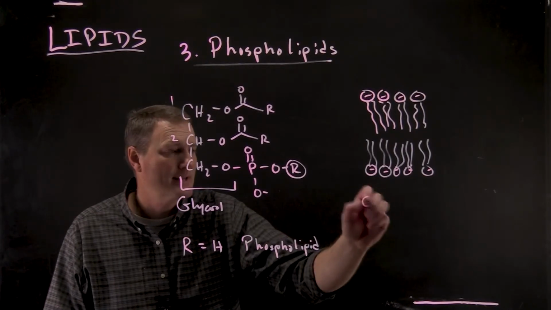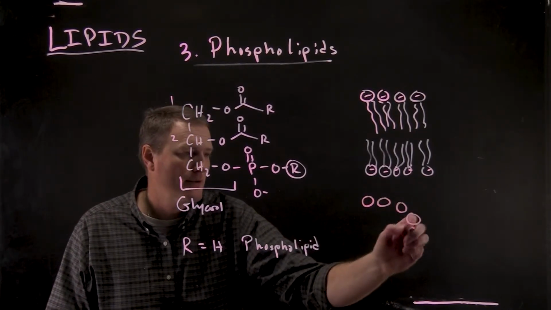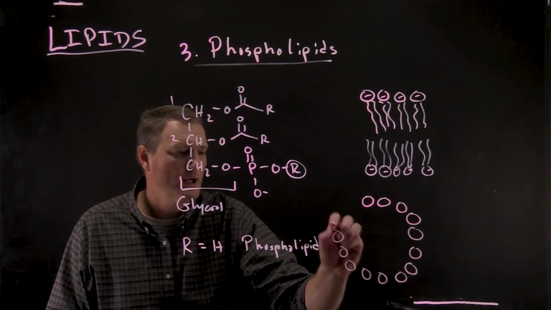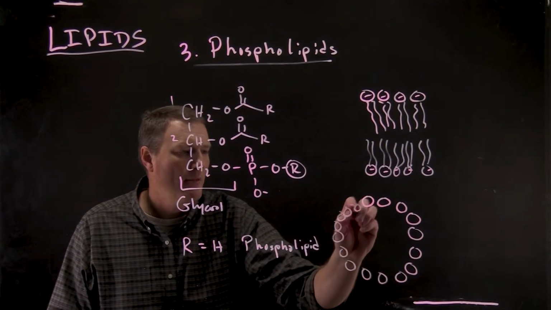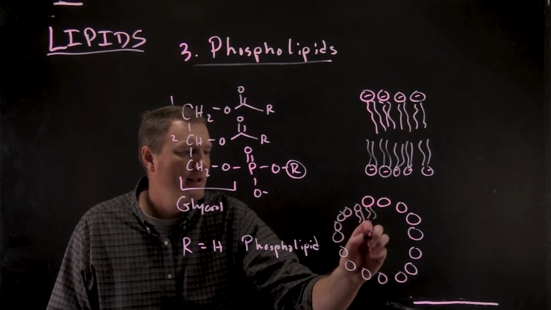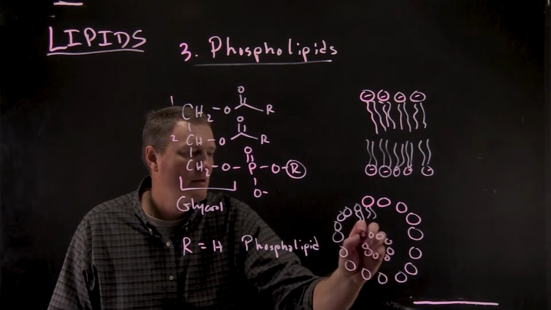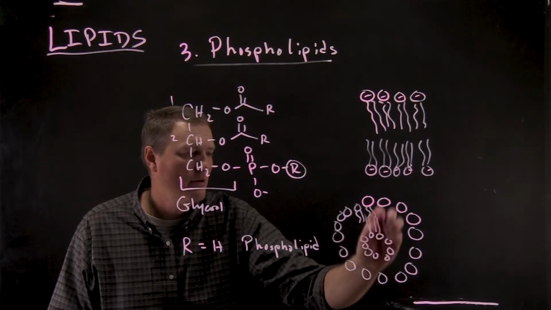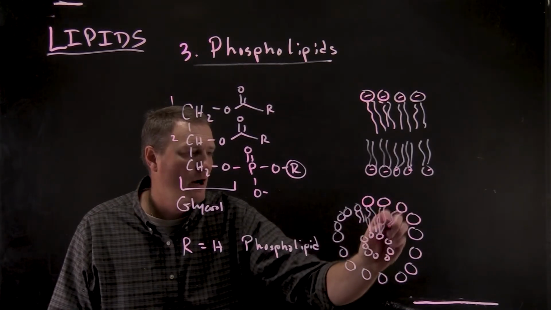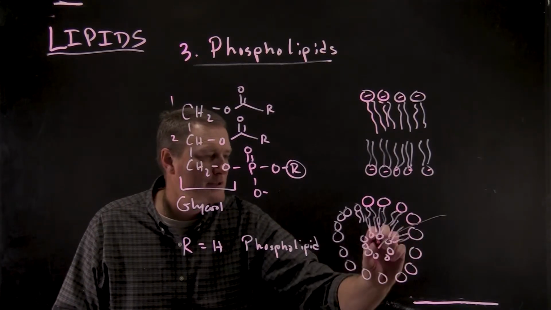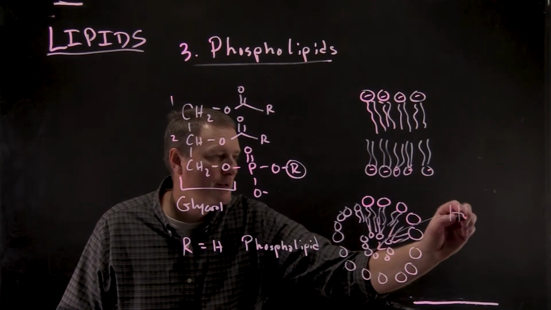So instead of forming a micelle, if you had a cylindrical one of these, envision now these being thrown into water. And what we would now have is a bilayer, where you have a hollow region in the middle. I won't draw all of these out, but this region in the middle is hollow.